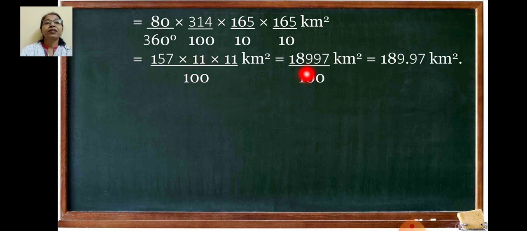You will get 18,997 divided by 100. Give the decimal point after 2 digits. So you will get 189.97 kilometer square, the area of sea surface that the light can travel over to warn the ships, right?